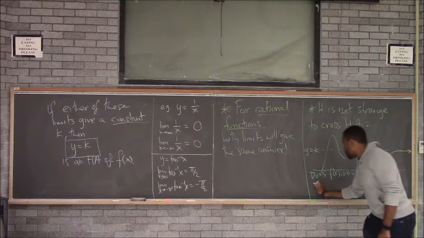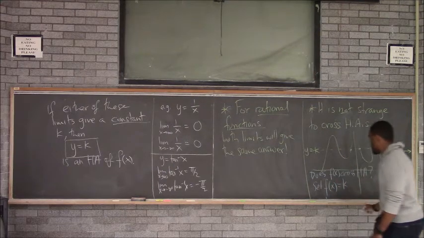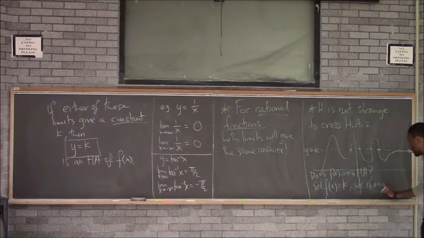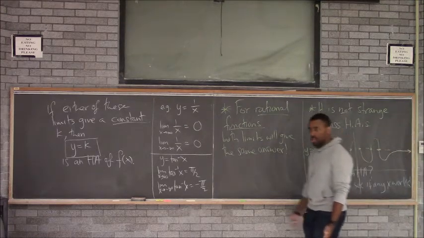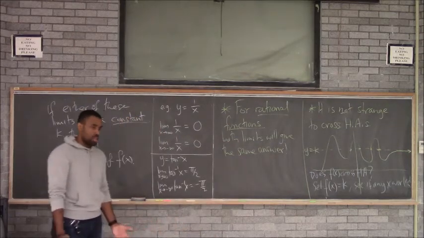Then what you would do is set f of x equals k and see if any x works. If there's an x value that works, then yes, it crosses the horizontal asymptote at this x value. If there's no x that works, then no, this one doesn't cross the horizontal asymptote.